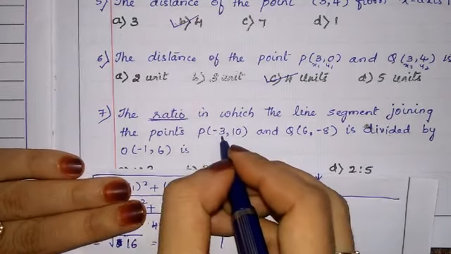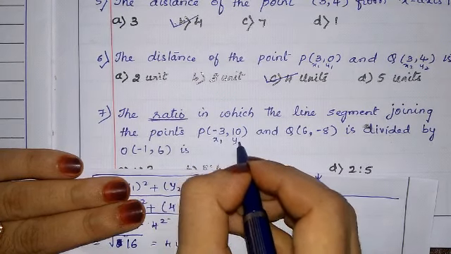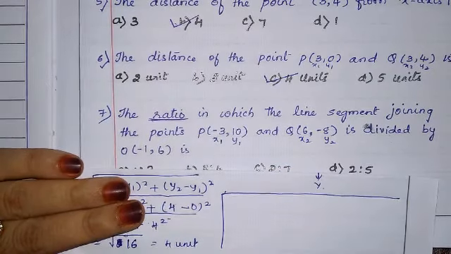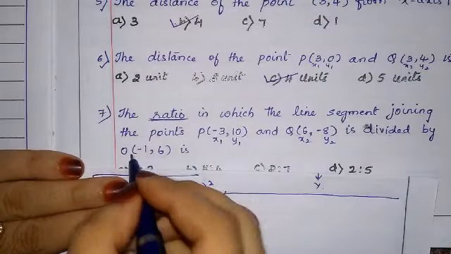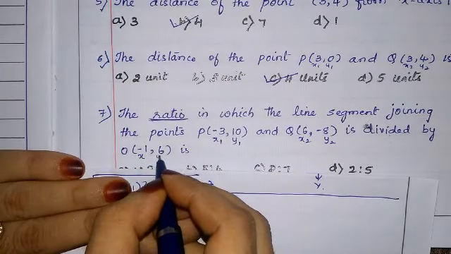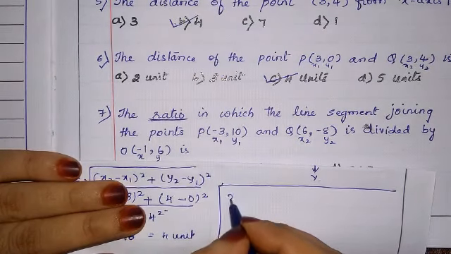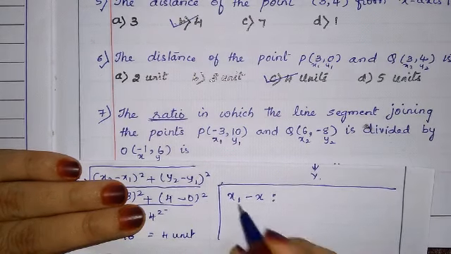Okay, you should know the proper points here. This is x1, y1, the first point, second point x2, y2. Then the point dividing these two points is x, y. So the easy method you have to use is x1 minus x is to x minus x2, since they have asked the ratio.